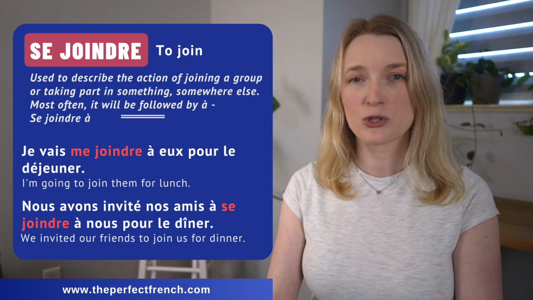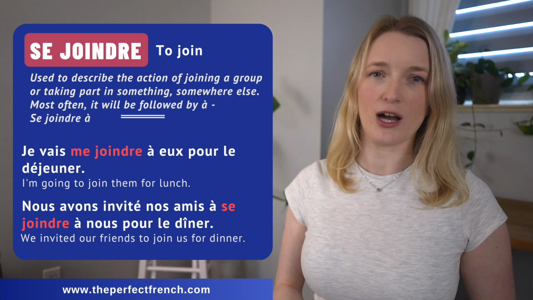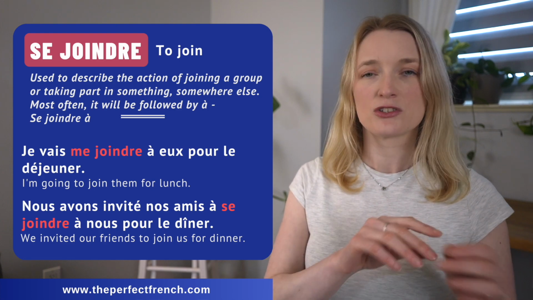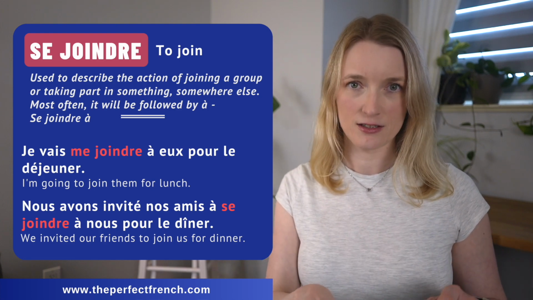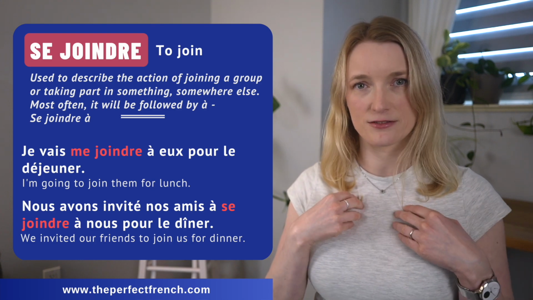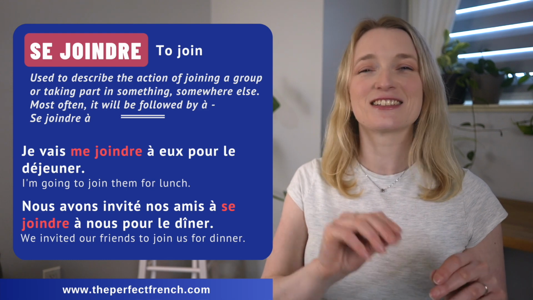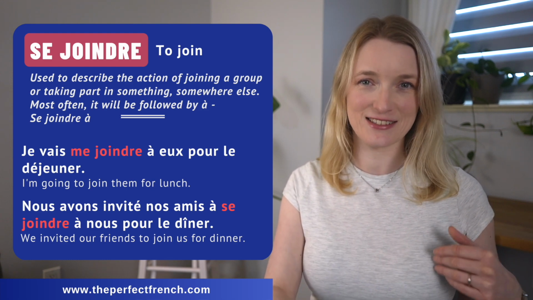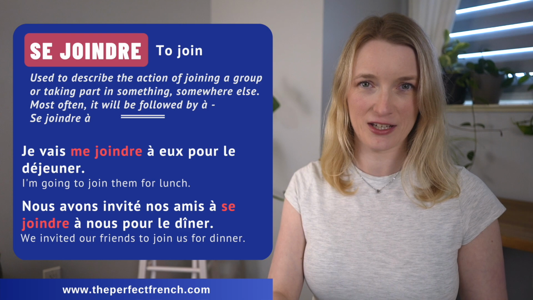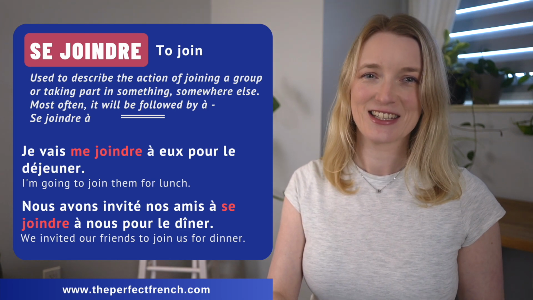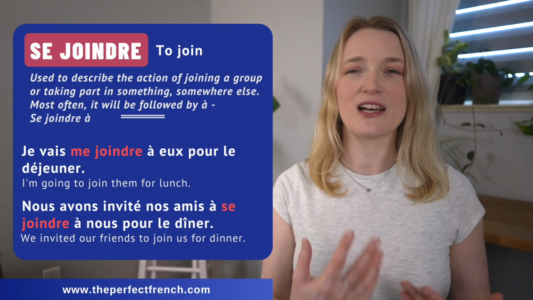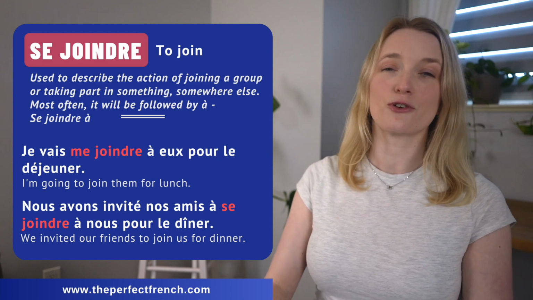Je vais me joindre à eux. So I'm going to join them. They are already there. I'm the one taking myself and joining them. Make sense? So they don't move. They stay. I am the one going. For the second one, we are inviting our friends to join us.